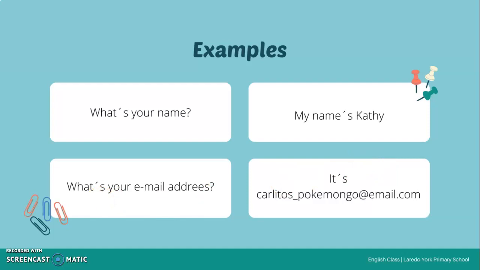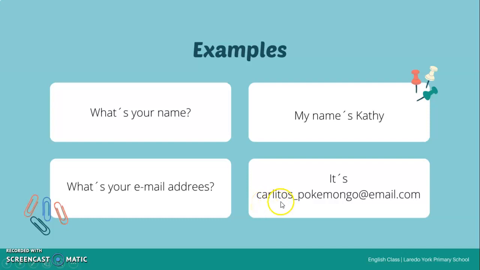And you can answer. This is the answer, all right? It's Carlitos underscore, what's the name of this symbol? Underscore, right? Underscore. Carlitos underscore Pokemon Go, and this one at email.com, okay?